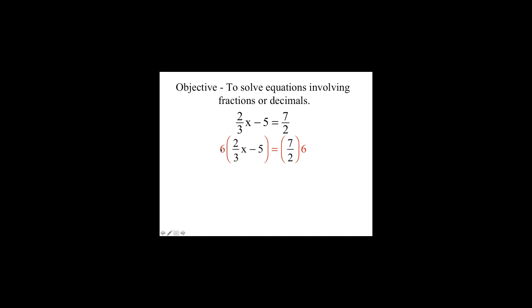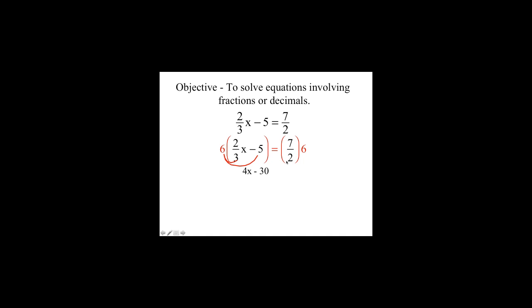So when I multiply 6 times 2/3, I can cross cancel here. 3 goes into 3 once, 3 goes into 6 twice, and 2 times 2x is 4x. Then I have to distribute my 6 to the negative 5, and I get minus 30. And now I have to distribute the 6 to the 7/2.